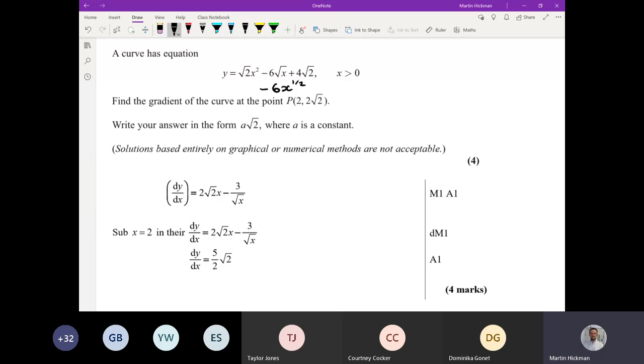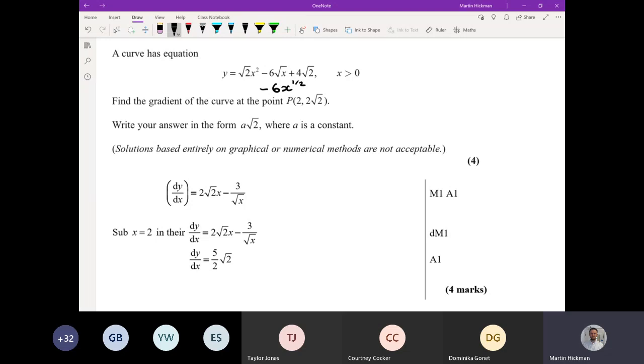But we don't just want the general gradient function. This question wants to know what is the gradient at the point 2, 2 root 2. So we need to actually sub in our value of x to find out what the gradient is at that specific point. So we just put in x equals 2 here.